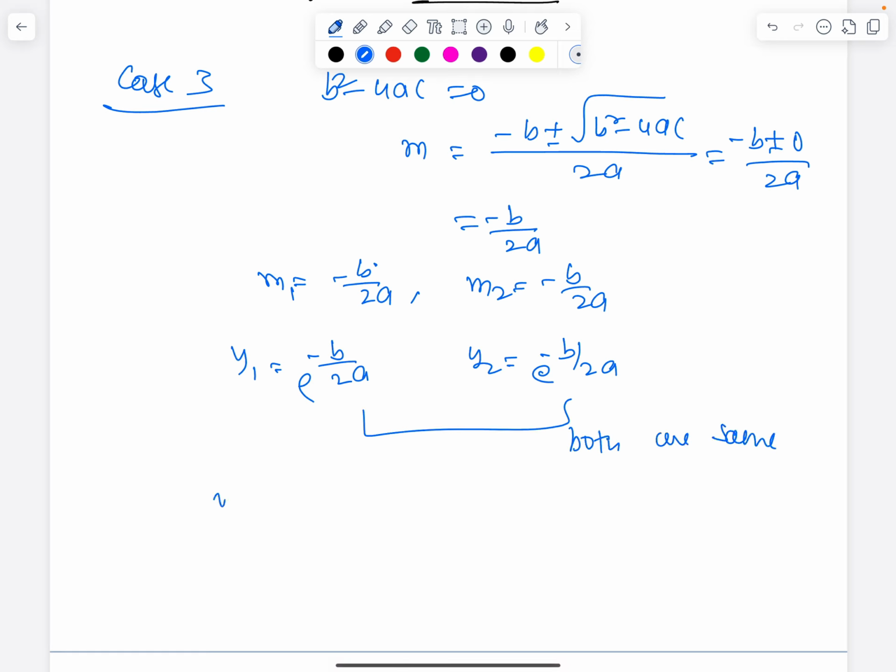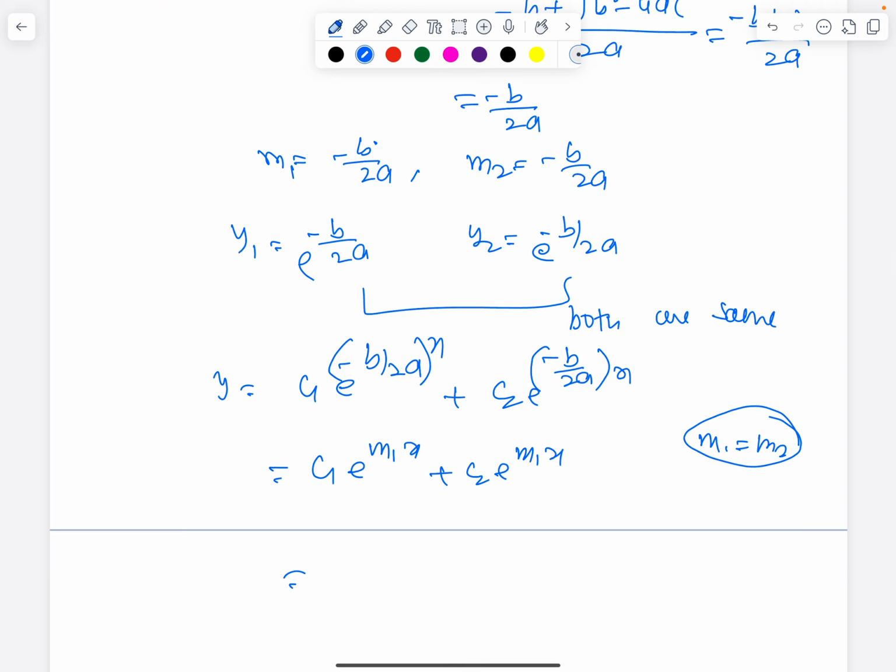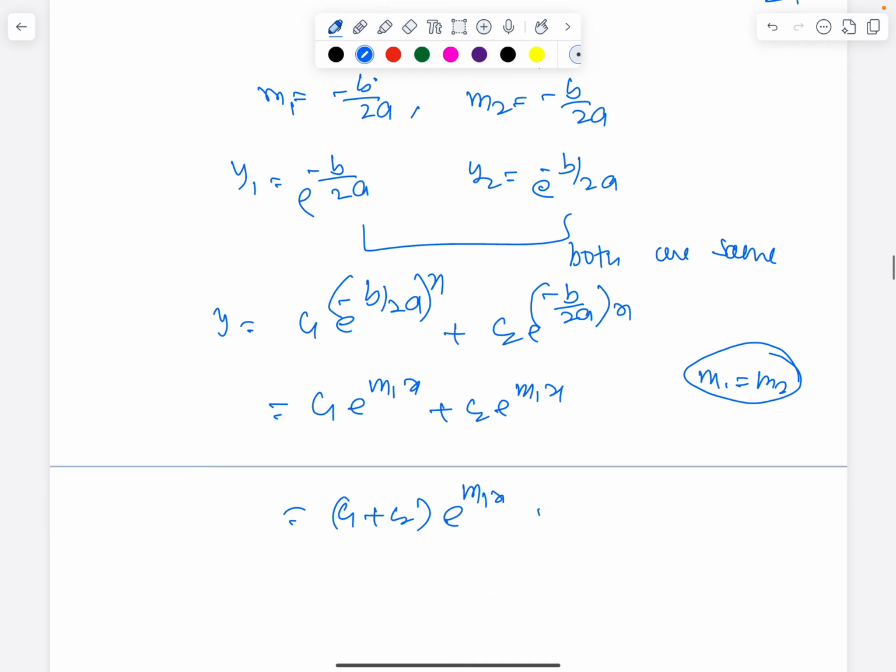And further, if you write y is equal to c1 e^(-b/2a x) plus c2 e^(-b/2a x), or you can say c1 e^(m1 x) plus c2 e^(m1 x) only, both are the same, m1 is equal to m2. So you can rewrite it as (c1 plus c2) e^(m1 x), which is nothing but a new constant.